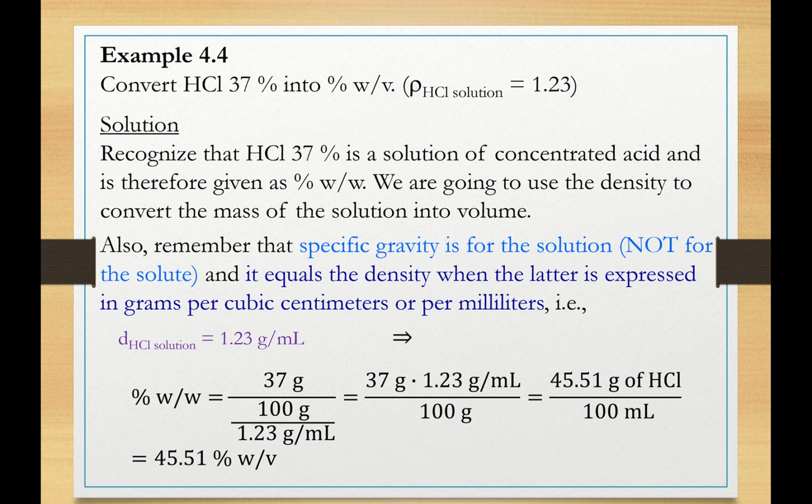And this is the answer typed down for you, so when you go home you can read it at your own time. The important aspect again here is to realize that this is the density of the solution. It has to be applied to the denominator. In order to keep the denominator 100, instead of dividing the denominator, I multiply the numerator, and I get my answer as 45.51% weight per volume.